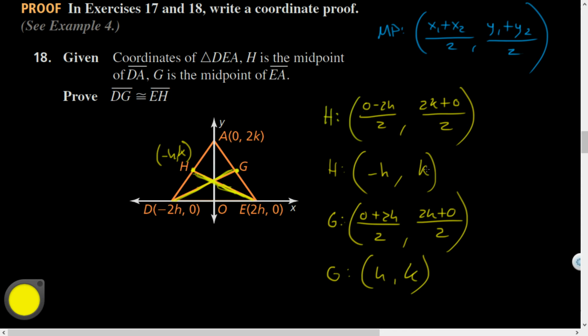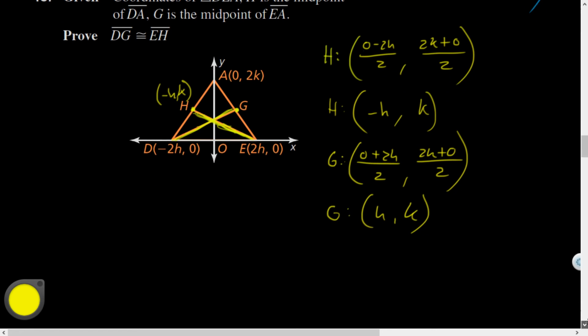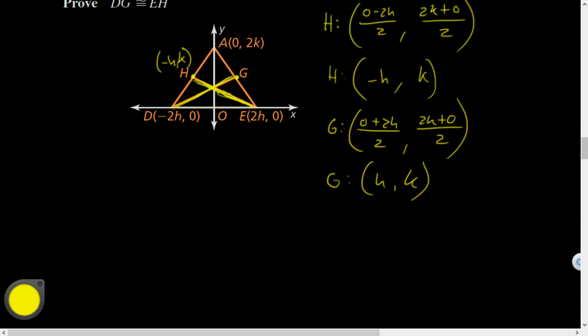All right. Now they wanted us to show that these distances were equal. So now what do I need to find the distance for? I need to find the distance from D to G and from E to H. So let's do that. I'll do D to G distance formula.